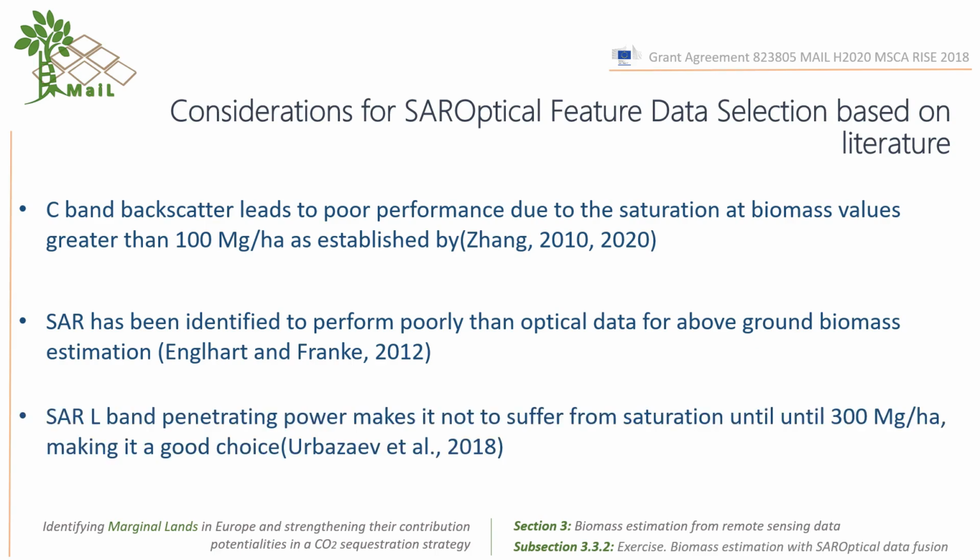In addition, SAR L-band penetrating power makes it not suffer from saturation until 300 megagram per hectare, making it a good choice, as noted by Urbazev in 2018. These are the justifications for the selections.